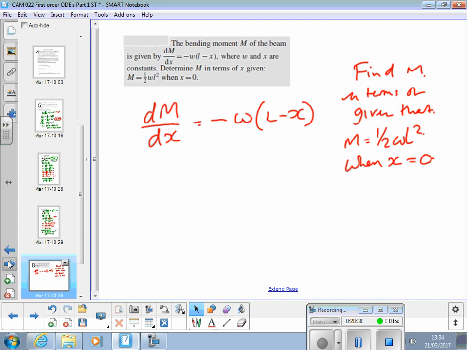So what's the first thing we need to do, do you think? Is there anything we could do to make that process easier? Expand the brackets. Yeah.